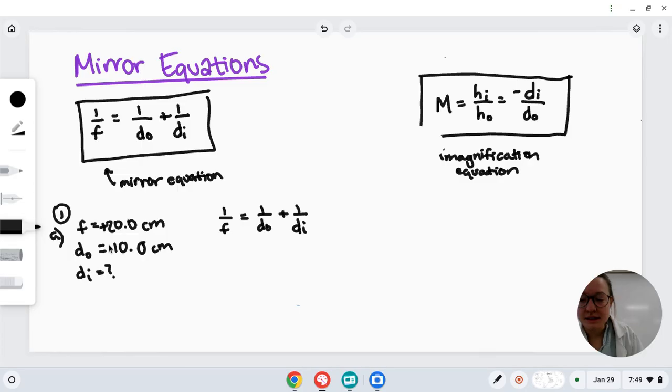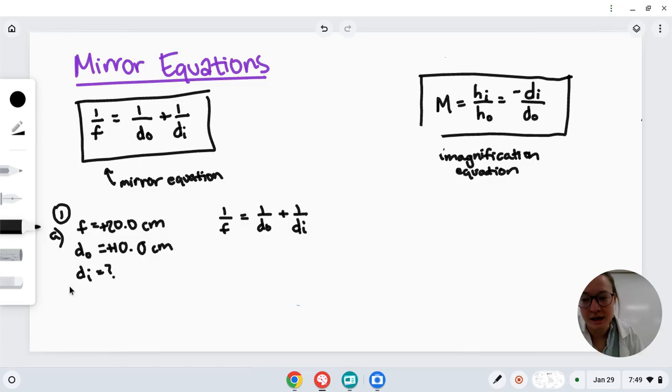My distance to my object is always going to be in front of the mirror, so that is always going to be positive. If you know your mirror ray diagrams well, you'll know if what we're about to see is going to end up being a virtual or a real image. So you should know a little bit in your head about what this sign should look like, but we'll confirm it with a little diagram later.